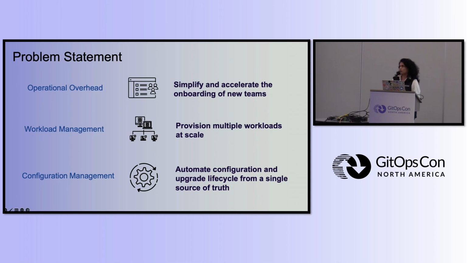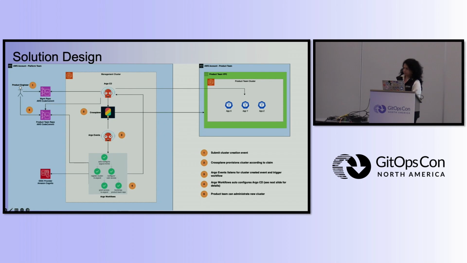This might also require configuration management best practices that automate the life cycle of configuration and upgrades for these clusters through a centralized source of truth, right? So how do we do this? Let's dive into that.